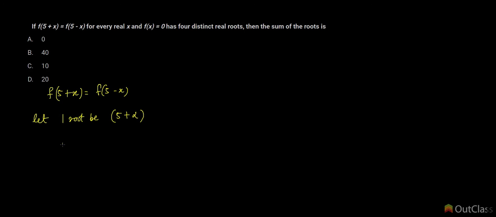That's my assumption. That means f of 5 plus alpha is 0, but by the given rule, f of 5 minus alpha will also be 0, which means this would automatically lead to a second root being 5 minus alpha.